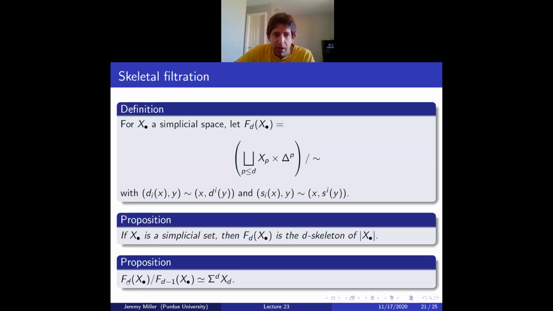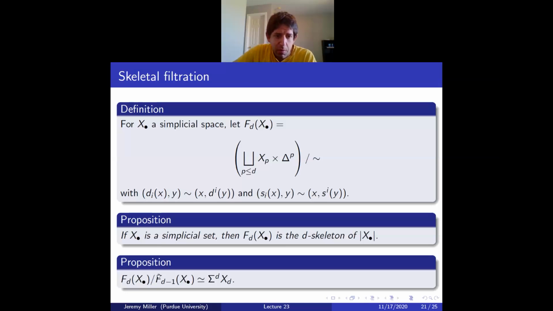We're told at one point that if you take the d-skeleton and mod out by the (d-1)-skeleton, what do you normally get? You normally get a wedge of spheres, and the spheres are indexed by all the d-cells of your space.